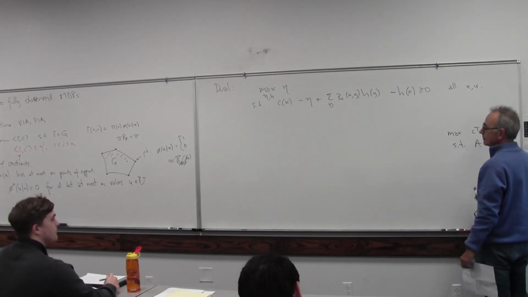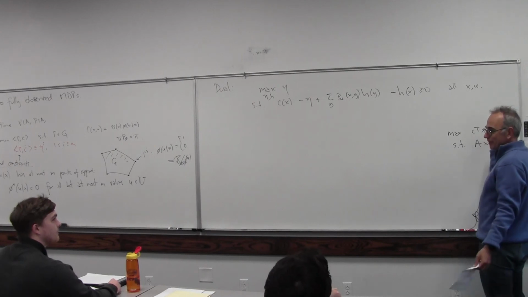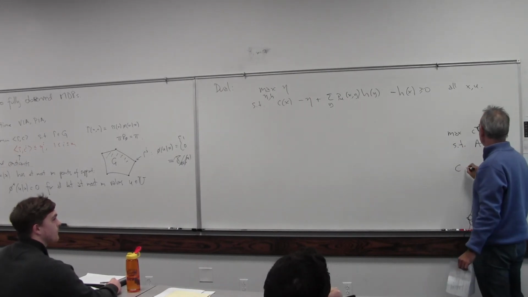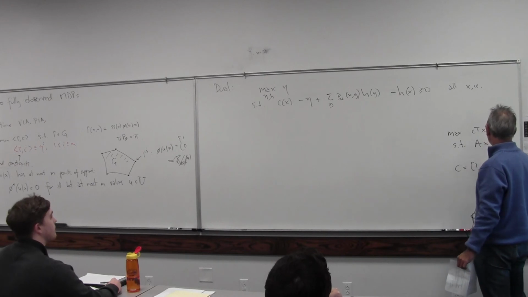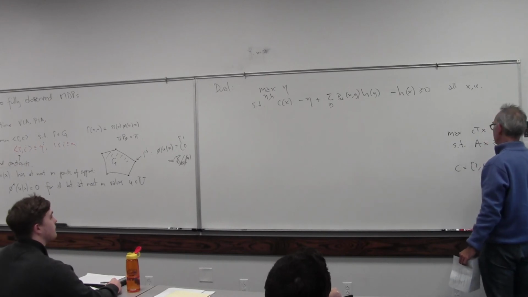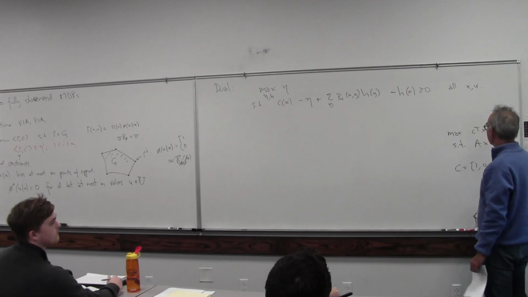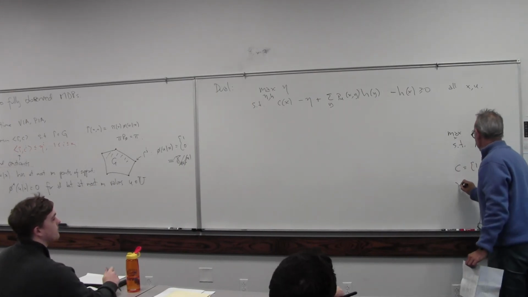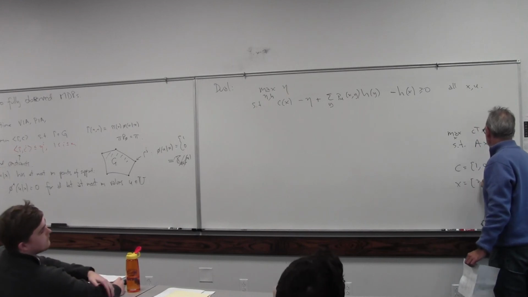C can be degenerate. One possibility is c equal to 1, 0, 0, 0, ..., 0. And that's what it is here, because my x is equal to eta and then h.